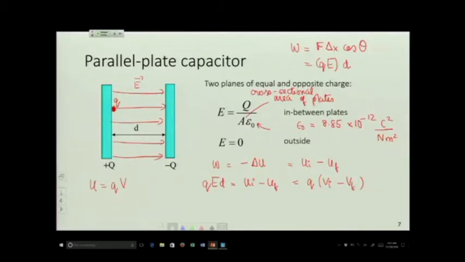So comparing these now, if I divide both of these by Q, what I get is the potential difference between the two plates is just E times d.